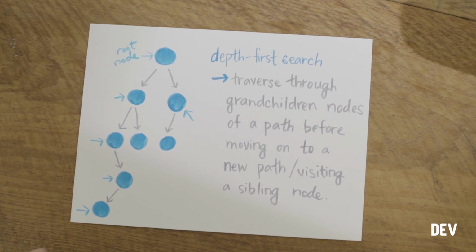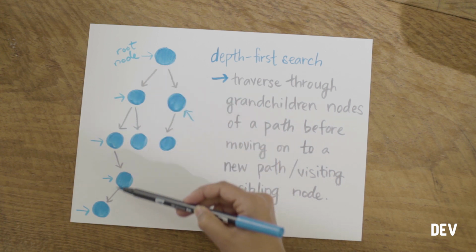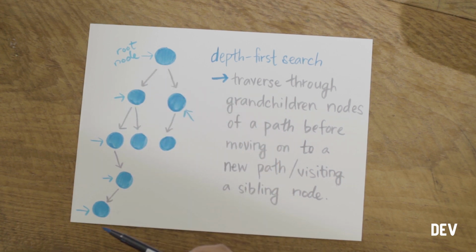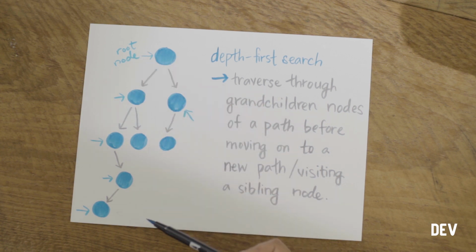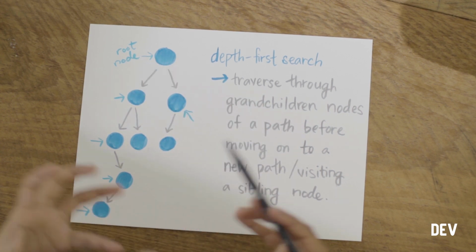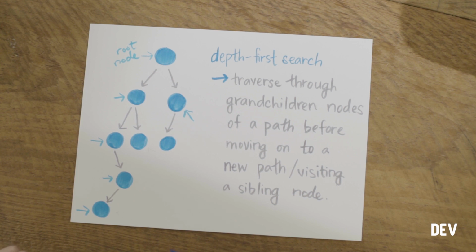Note that we're not traversing level by level, but rather working our way down one arm or one branch of the tree before working our way back up to find and check another whole set of nodes in a path. These two strategies are the two ways of traversing through a tree data structure.